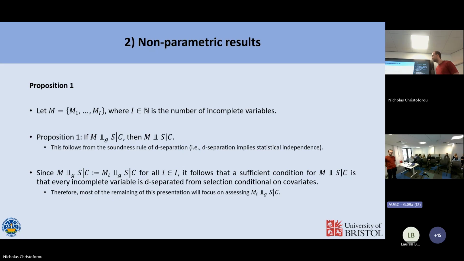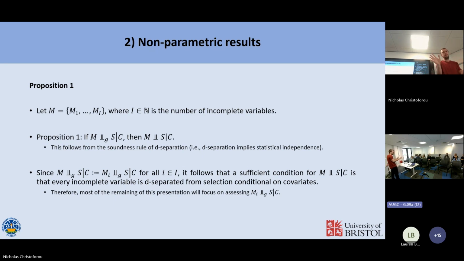So for the first proposition, I'm just adding a little bit of notation here. I have my M, the set of all incomplete variables that I have. Let's say I have 3 incomplete variables: M1, M2, and M3. So I here is just the name of incomplete variables that I have.